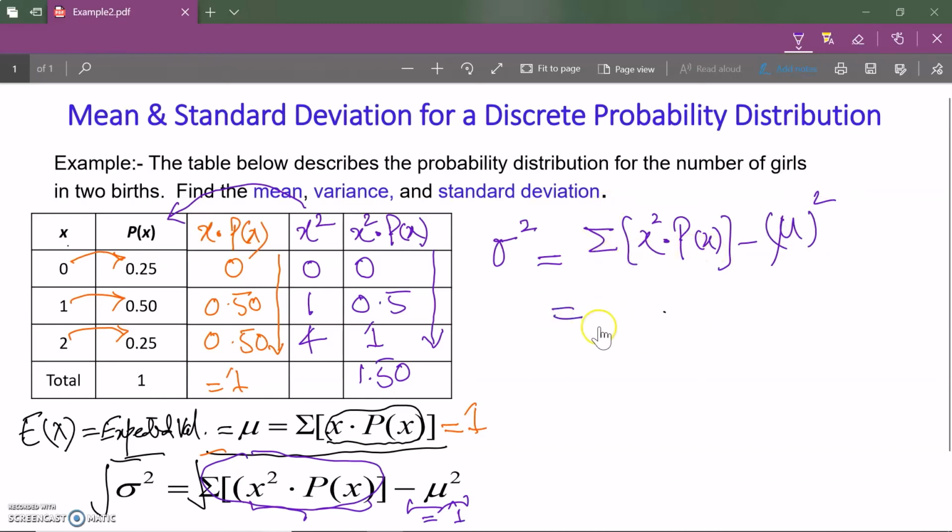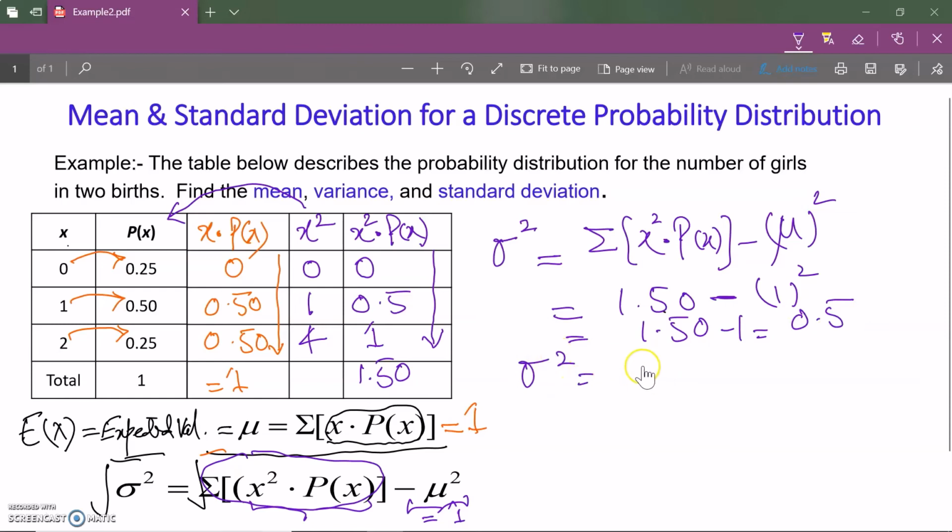This is 1.5 minus 1 squared, which turns out to be 0.5. So sigma squared, which is the variance, is 0.5. This is the second thing we were asked to compute.